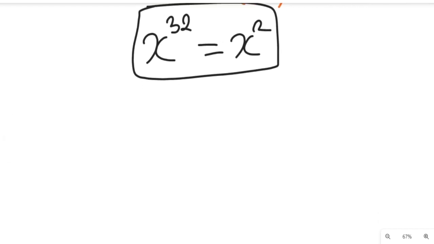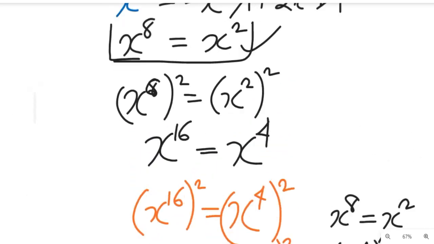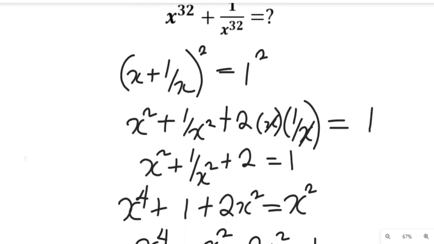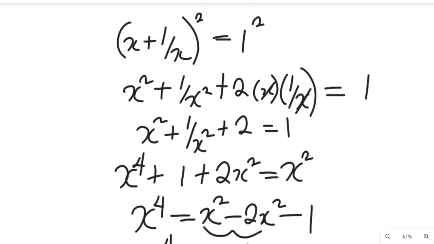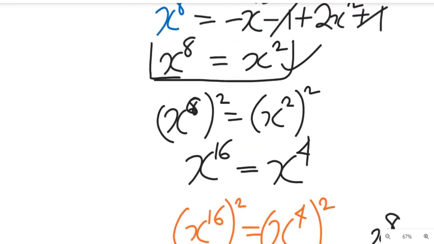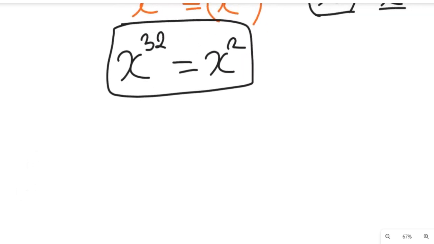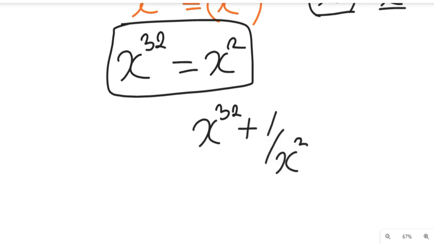Now the next thing we're going to do is to go back to our main expression. Remember our main expression, we are asked to find the value of x to the power of 32 plus 1 divided by x to the power of 32. So if we look at that expression and simplify it, we are going to have x to the power of 32 plus 1 divided by x to the power of 32. I will have our x to the power of 32 as x squared.